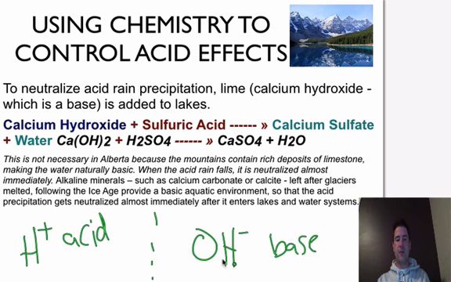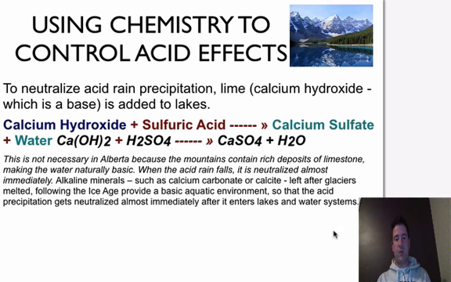So what happens is when these combine, we get HOH, which can also be written as H2O, and we get this neutralization process. So we can use this concept of adding basic substances to acidic substances, and we can actually neutralize and create water.